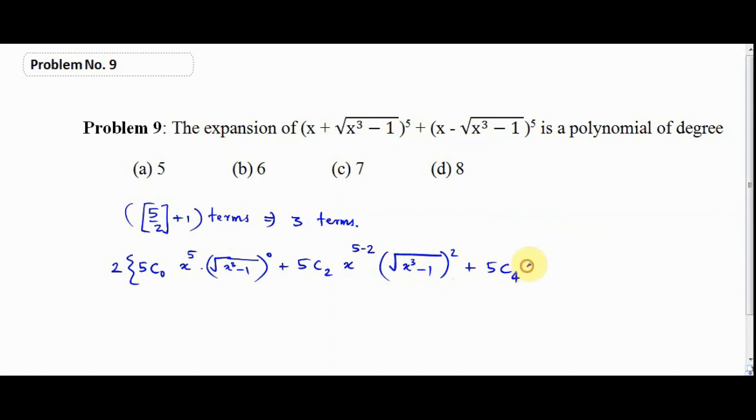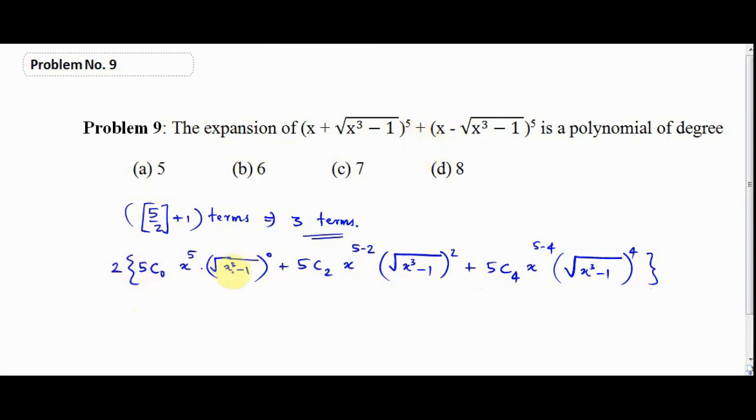Okay. So we are having 3 terms, so we have written 3 terms here. So we may close the bracket. So this will be the expansion corresponding to this one.